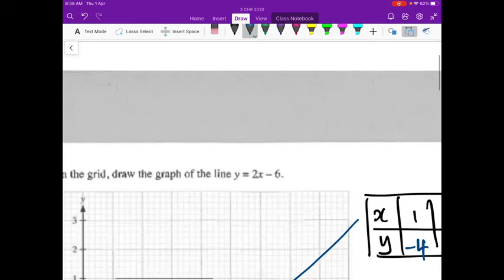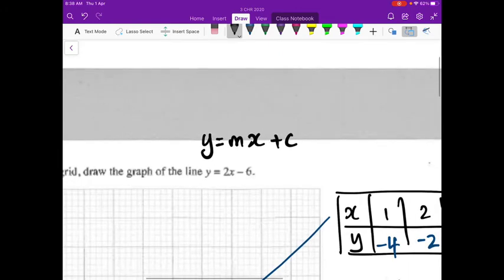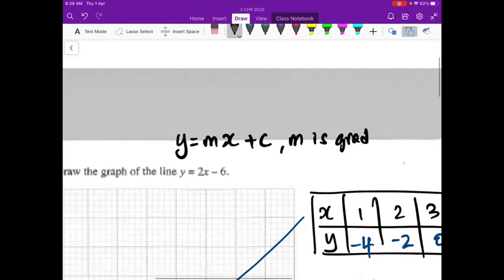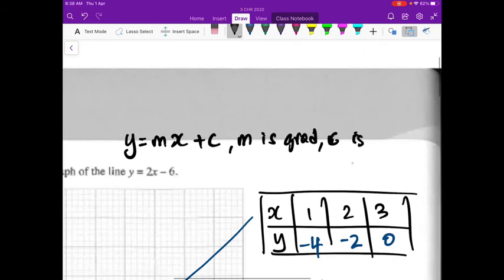From here. y equals mx plus c, where m is gradient and our c value is y-intercept. Then you compare. The m value in this case is 2.